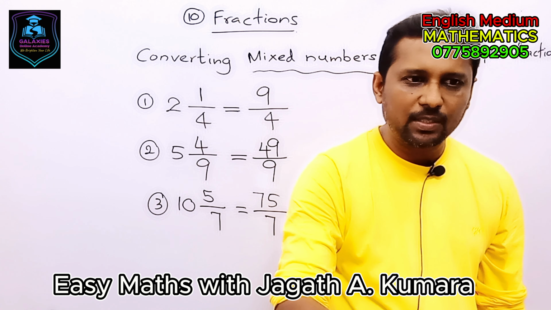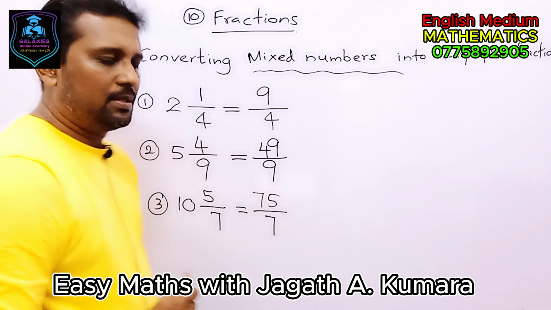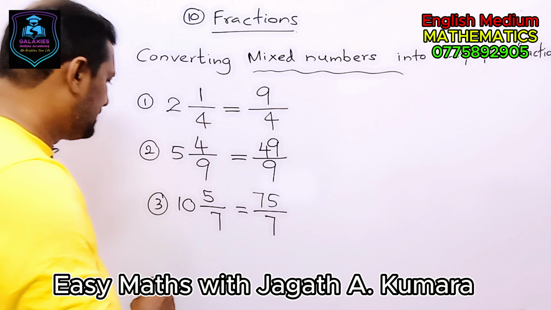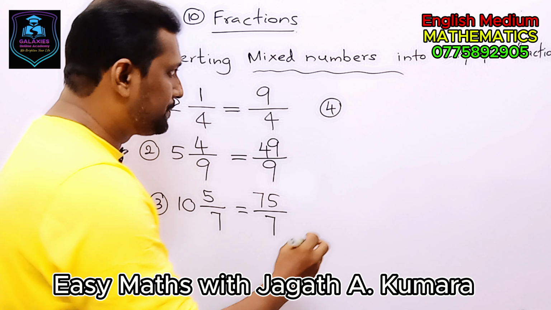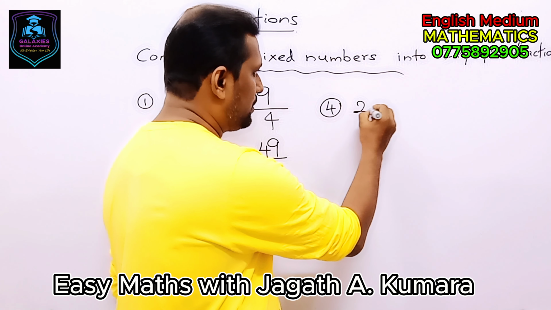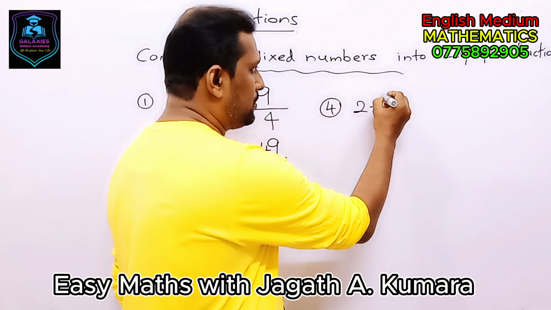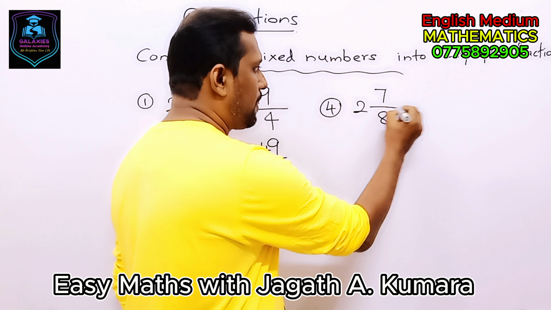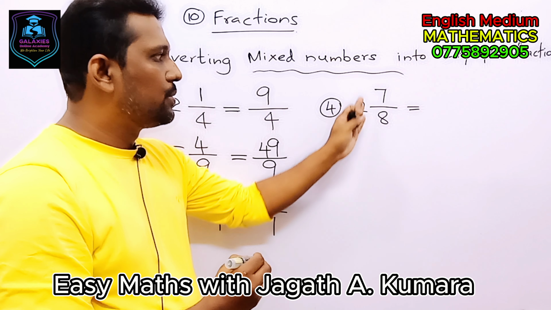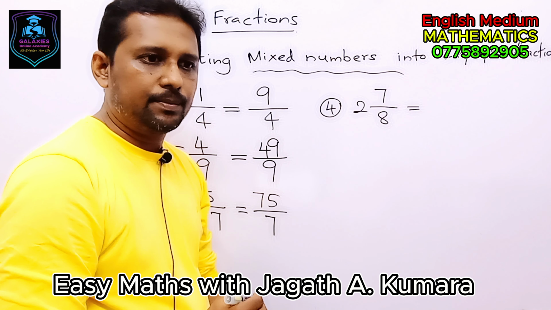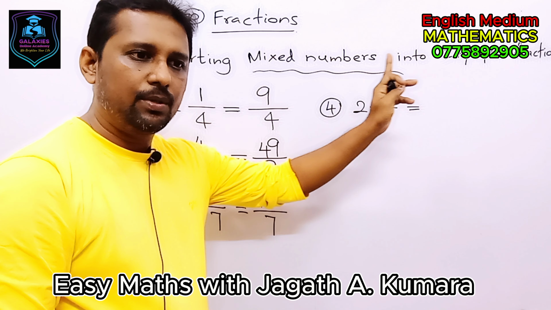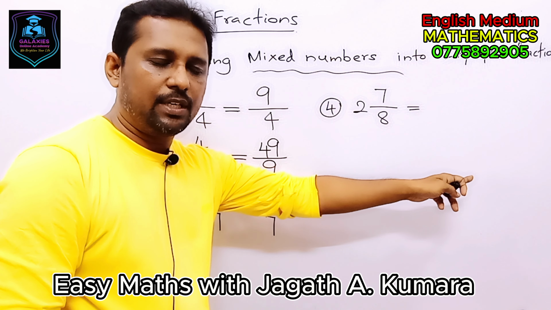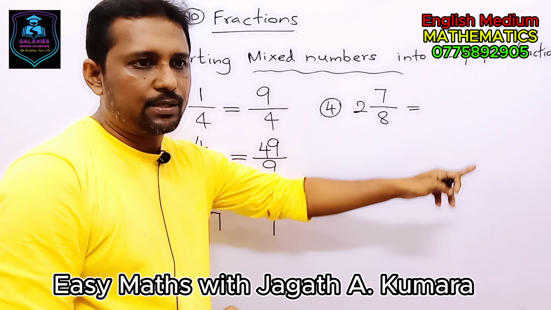Right. Okay. Let's go to discuss another two examples. Look at the third one, fourth one. Fourth example, 2 7 over 8. Denominator is 8. So, improper fraction denominator should be same value, 8.